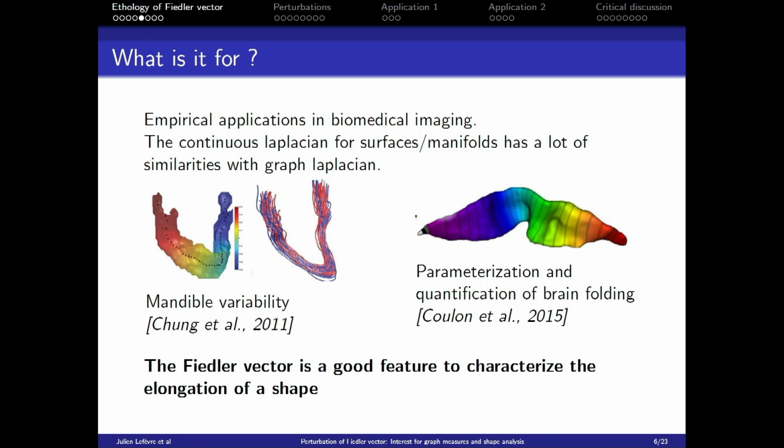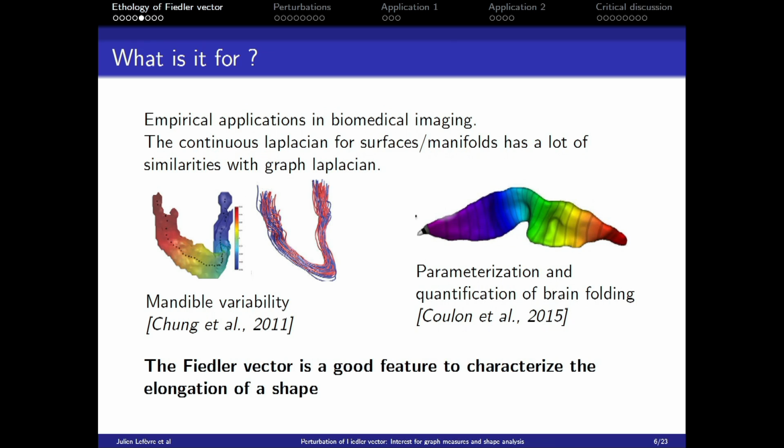On the left, you have mandible shapes, and the Fiedler vector in color describes the elongation of the shape. In this application, it has been used to register different mandible shapes based on the skeleton of the shape that has been built from the Fiedler vector. I will use something quite similar at the end of the talk in terms of applications.